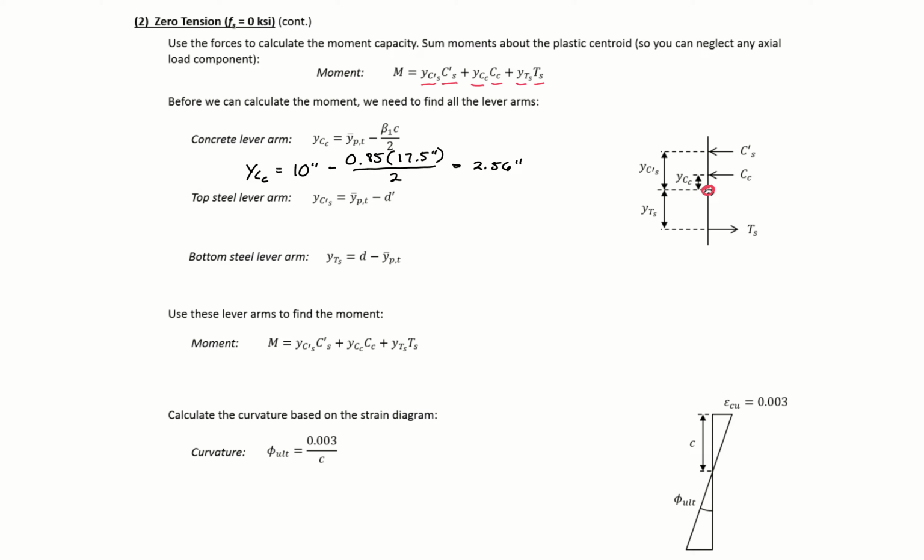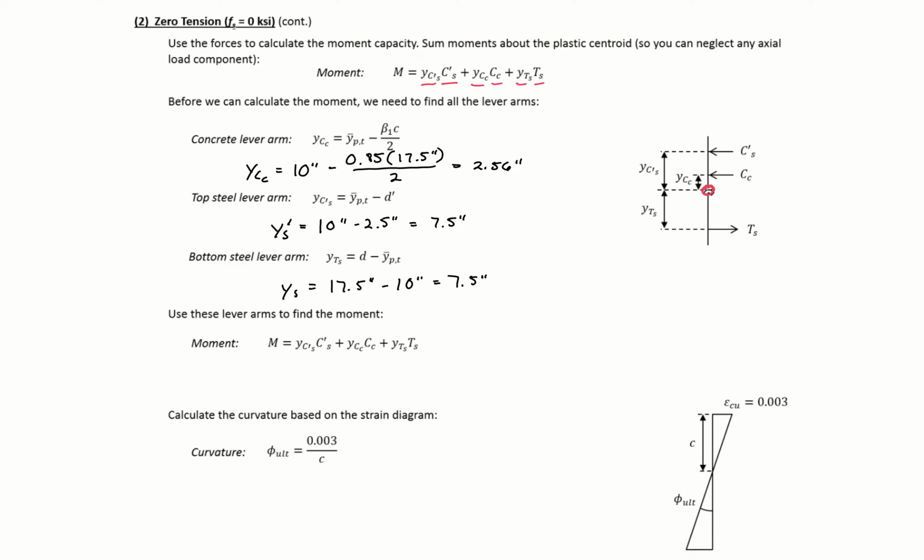We can then find our top steel and bottom steel lever arms. Our top steel lever arm is going to be equal to 10 minus 2.5, so 7.5 inches. And our bottom steel lever arm is equal to 17.5 minus 10, or 7.5 inches.